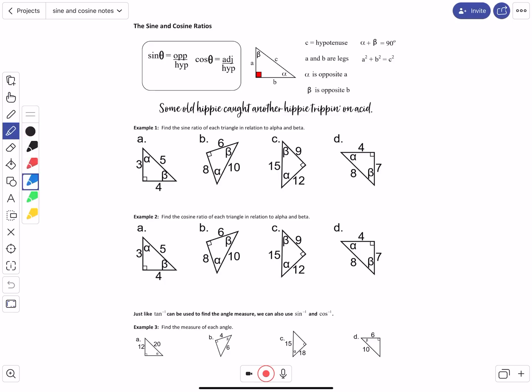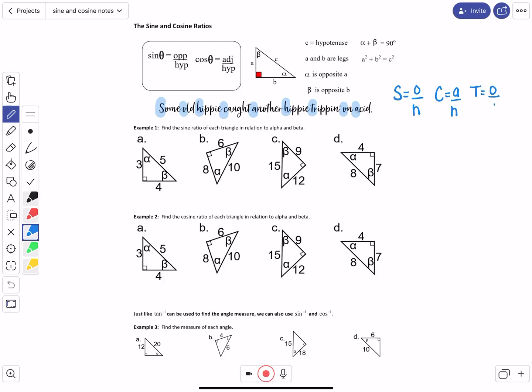The way that we use this is we've got our S, O, H, C, A, H, T, O, A. Some old hippie caught another hippie tripping on acid. And that's how you remember your trig ratios.